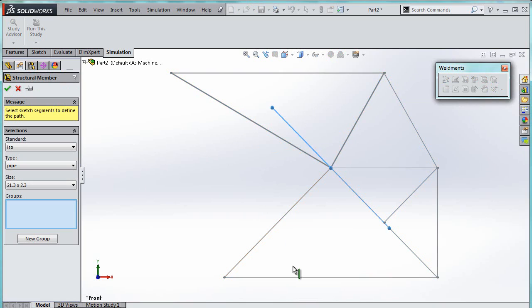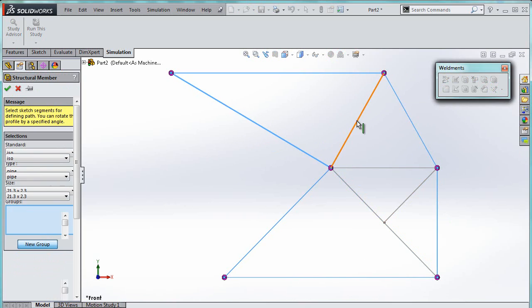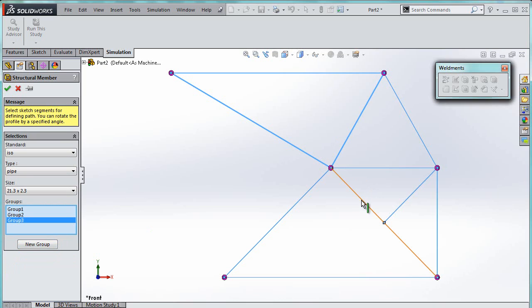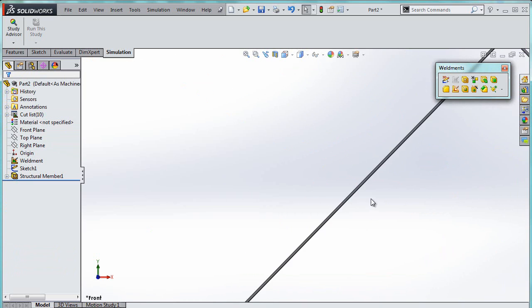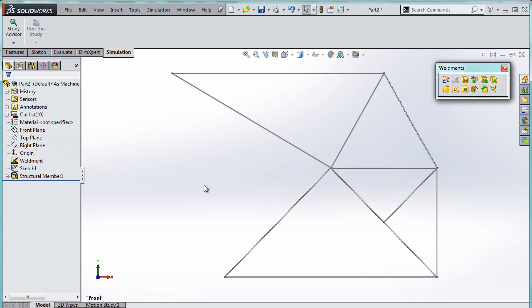Now, we have to create a group, so we're just going to start selecting things, and once it stops letting us select things, we're going to create a new group. I'll just say New Group, and keep selecting things and clicking New Group until everybody's been selected, so I'm good to go. If you scroll in, you see we actually have a little welded thingy now, so that's nice.